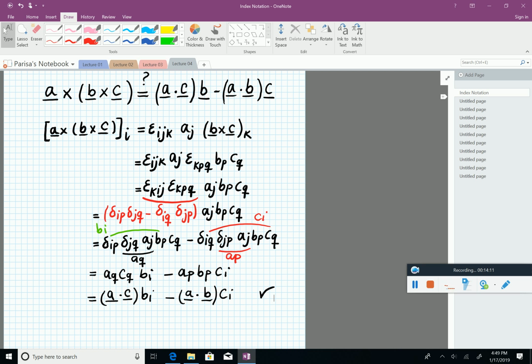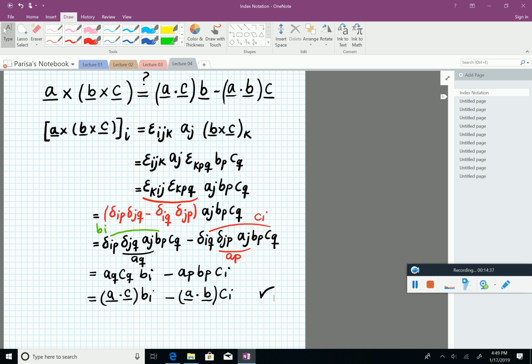You can. Yeah, because what I was worried about in the last line was that we are still writing the A in vector notation instead of index notation. But those are scalars. Doesn't matter, right? Doesn't matter. Don't worry about it. Definitely, that's not something to worry about. I see your point. Yeah.